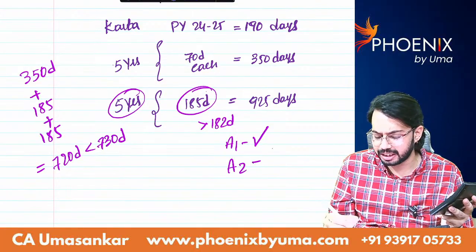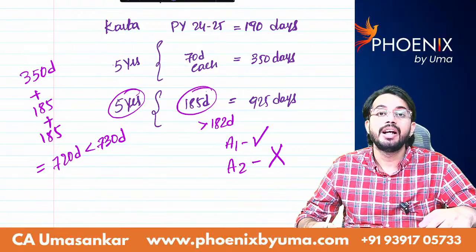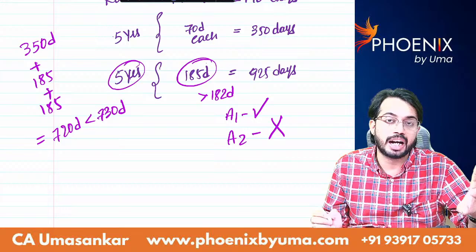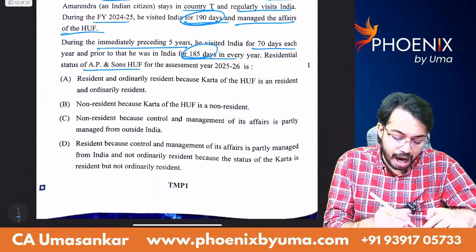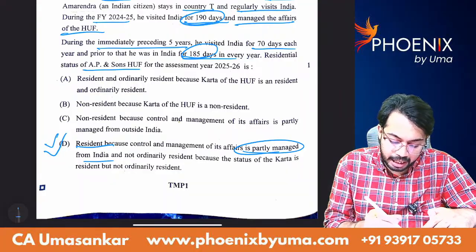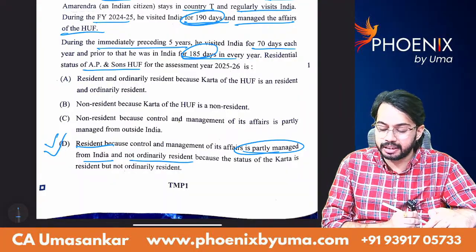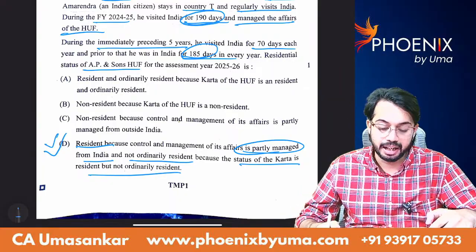Additional condition 2 is not satisfied. As additional condition 2 is not satisfied, Karta did not satisfy additional conditions, HUF will become RNOR. Okay, so answer D. Resident, because control and management is partly in India, and not ordinarily resident, because status of Karta is resident but not ordinarily resident.